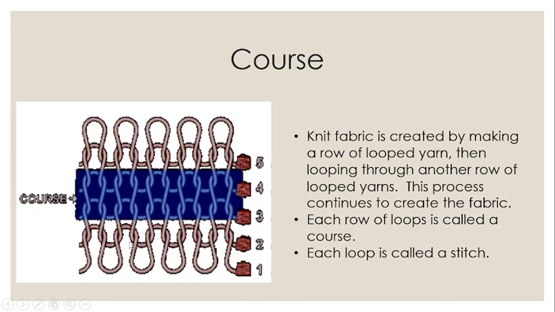So, as we watched in the other animations, a knit fabric is made by laying down a row of looped yarns. Then, another row of loops is looped through the first one, and then another, and then another. These rows of loops are called courses. Each loop is called a stitch.